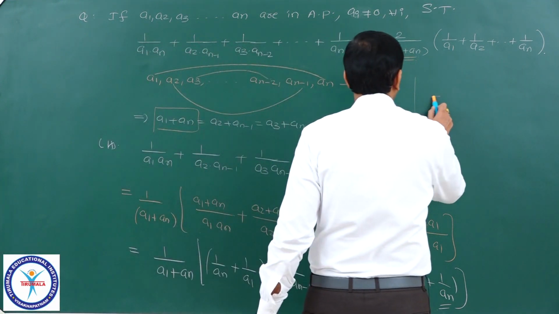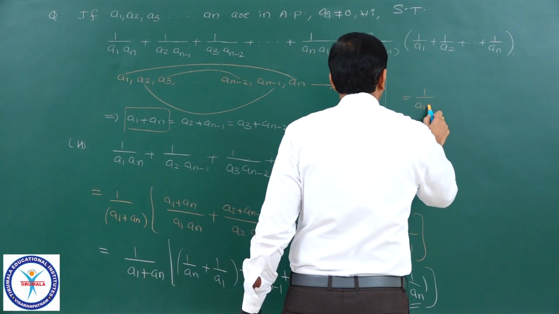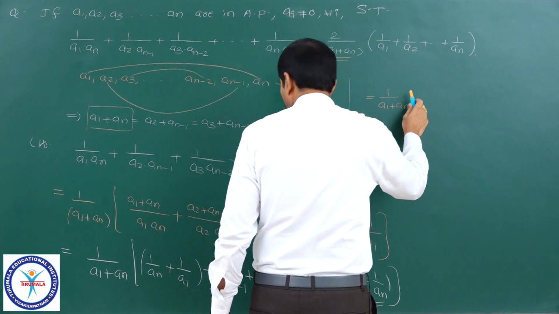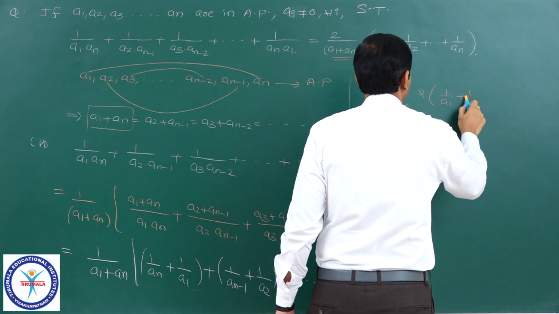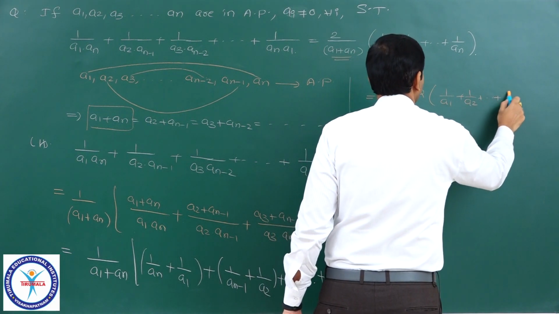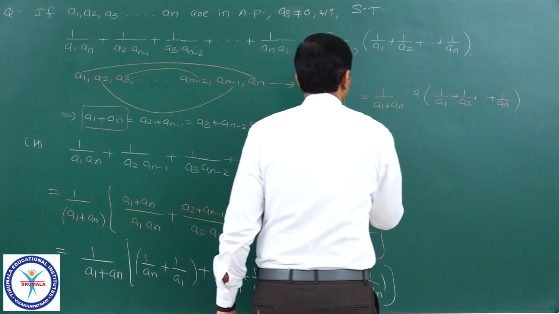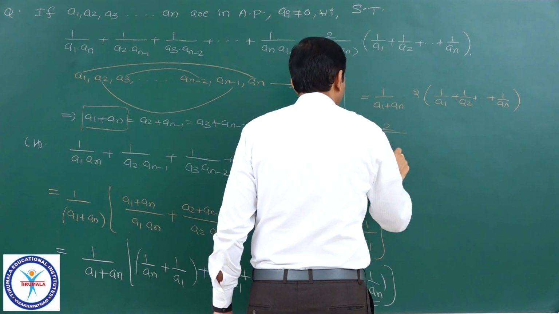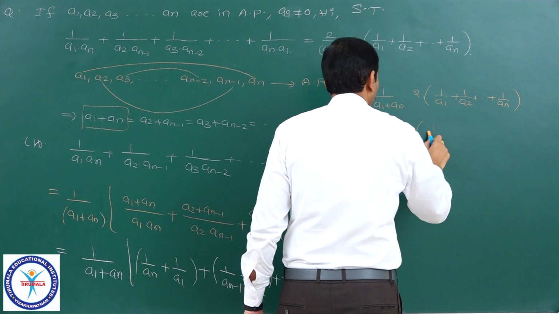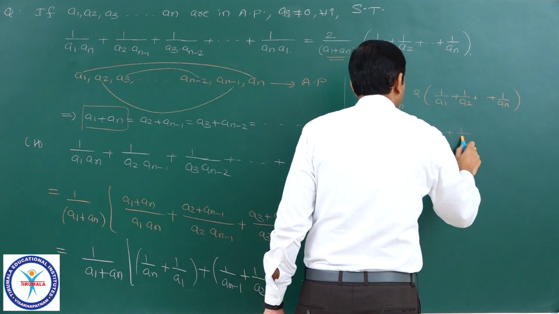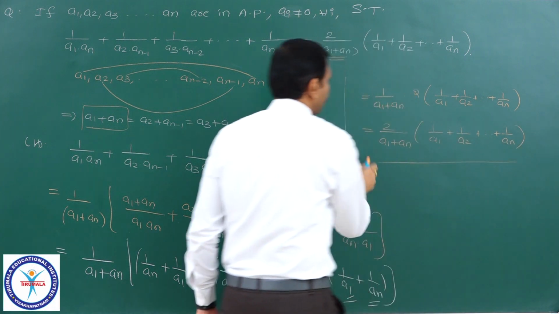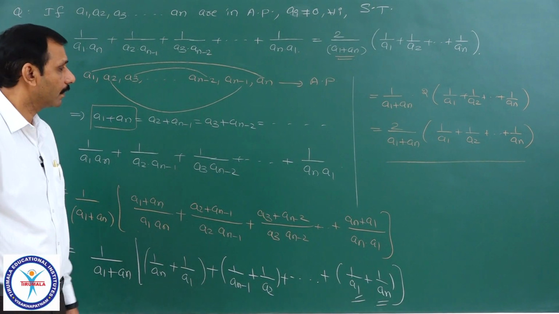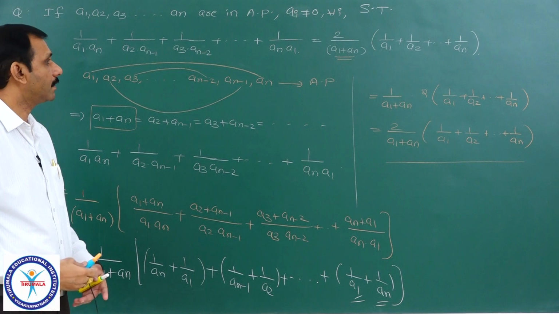Therefore, it is equal to 1 by a1 plus an into 2 times of 1 by a1 plus 1 by a2 plus and so on plus 1 by an, which is equal to 2 by a1 plus an into 1 by a1 plus 1 by a2 plus and so on plus 1 by an. That will be the result for this. That is the required result.